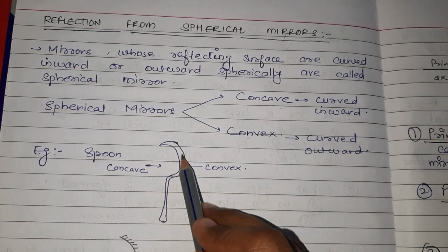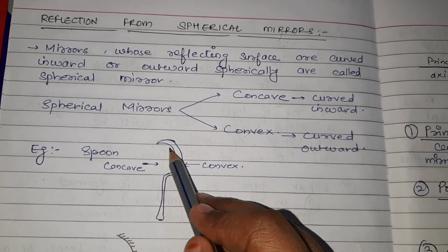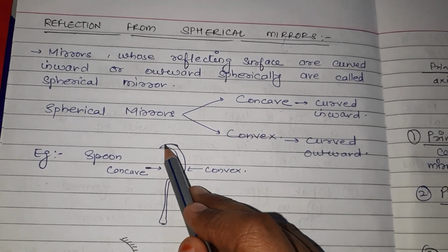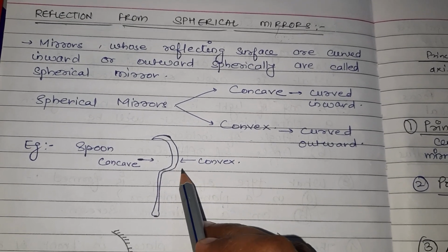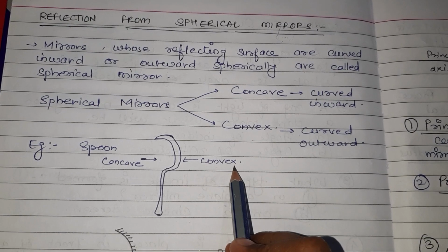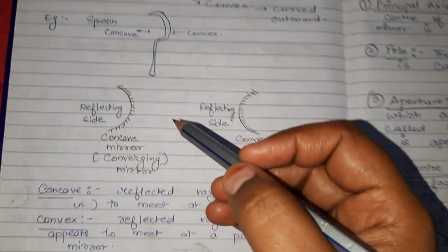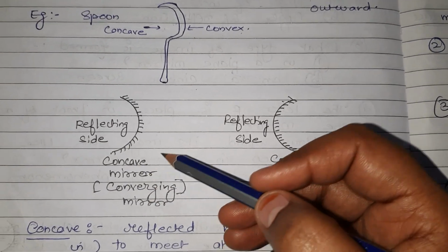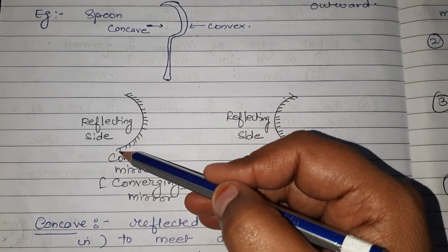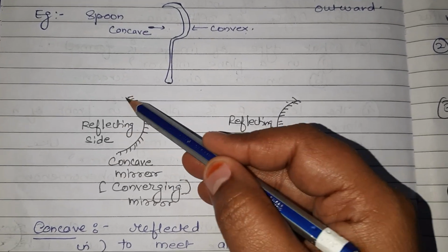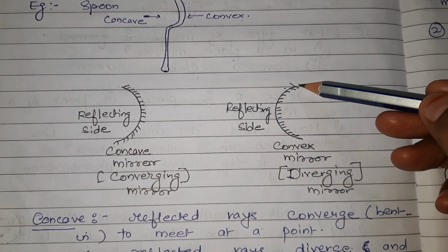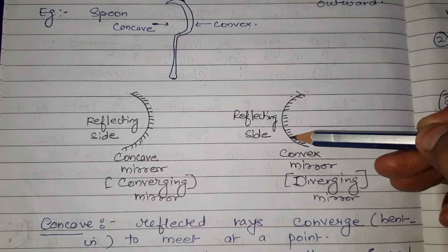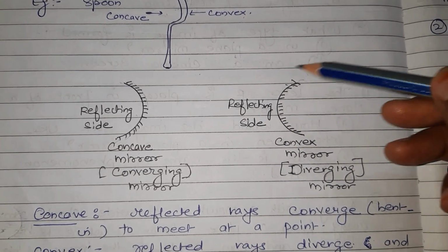That part represents the concave mirror, and the reflecting surface which is bulged or flexed outside represents a convex mirror. So a concave mirror is a mirror whose reflecting side is curved inward, okay, and convex mirrors are the mirrors whose reflecting part is bulged outside.